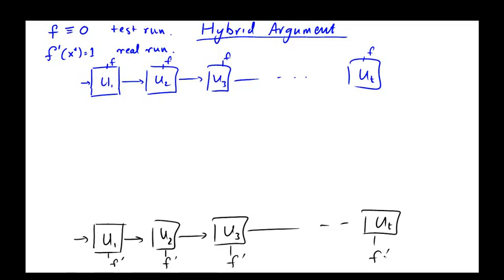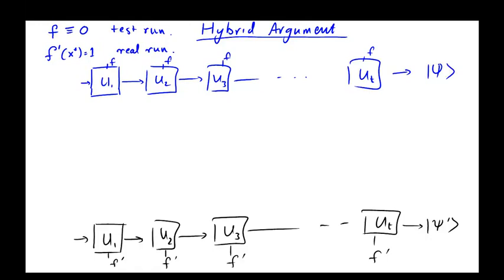And what we'd like to do is say that the output state here, psi prime, is very close to the output state here, psi. These two are not very far from each other.